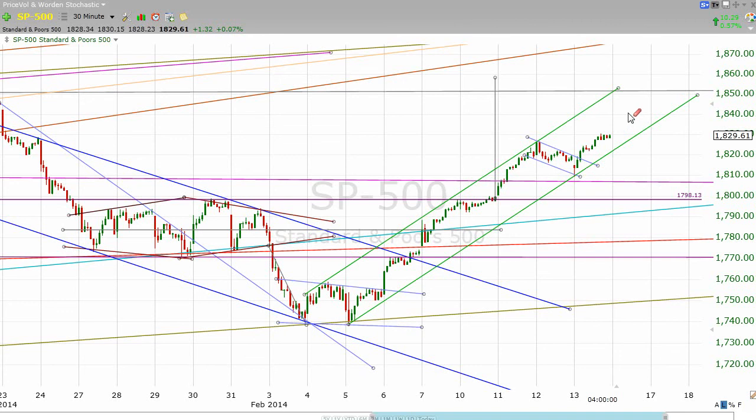So let's see if we get that tomorrow. Sort of looks like we're setting up a little sideways action here, like resistance at 1830. But once that gives way, assuming it does, then I think we should put on a pretty quick 8 to 10 points. So guys, there's your video for February 13th, 2014.